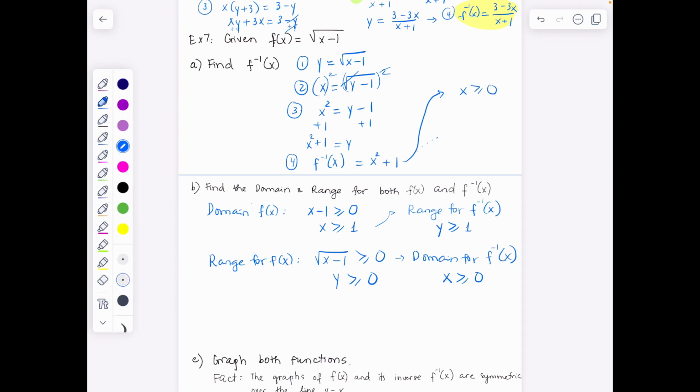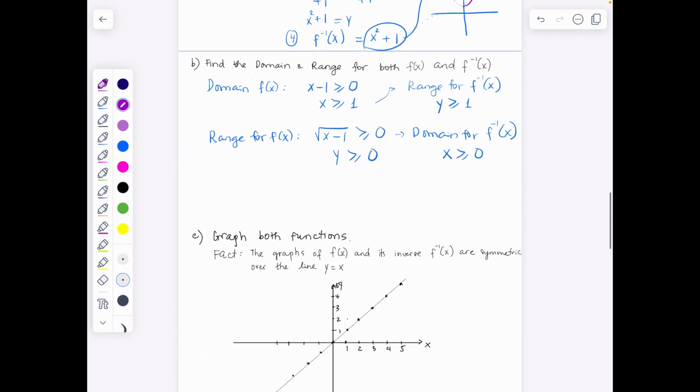So when you draw a parabola for this function, this looks like a function that has been shifted up 1 unit. So it looks something like this. With the condition that x has to be greater than or equal to 0, we technically only accept this half of the parabola, which makes it a one-to-one function because it would pass the horizontal line test.